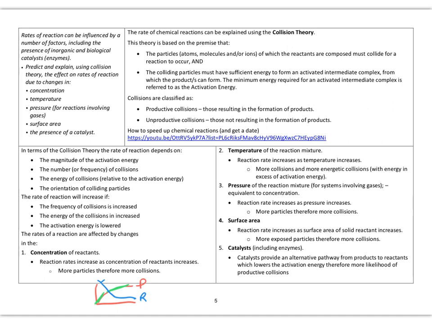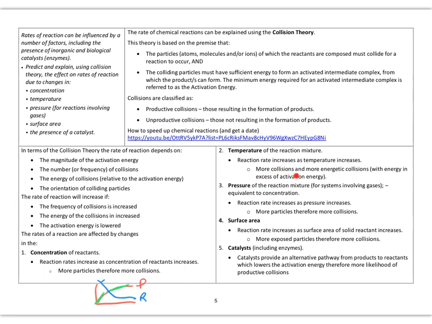The next thing is temperature. Reaction rate increases as temperature increases. If you think back to the particle model from year 8 science, as temperature increases, the particles vibrate faster and faster, so they move faster and faster.